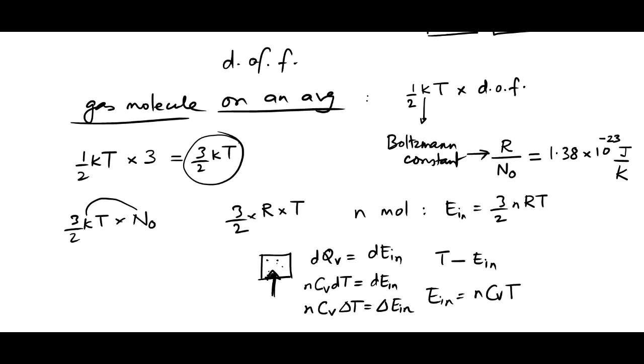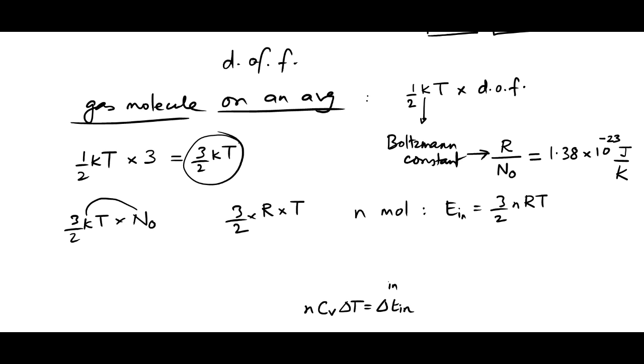So I'll just rub this out, and I'm going to use that equation over here, where we proved that the internal energy of a gas at an absolute temperature of T is 3 by 2 RT. So equate that, or for n moles of a gas, did I rub that out?